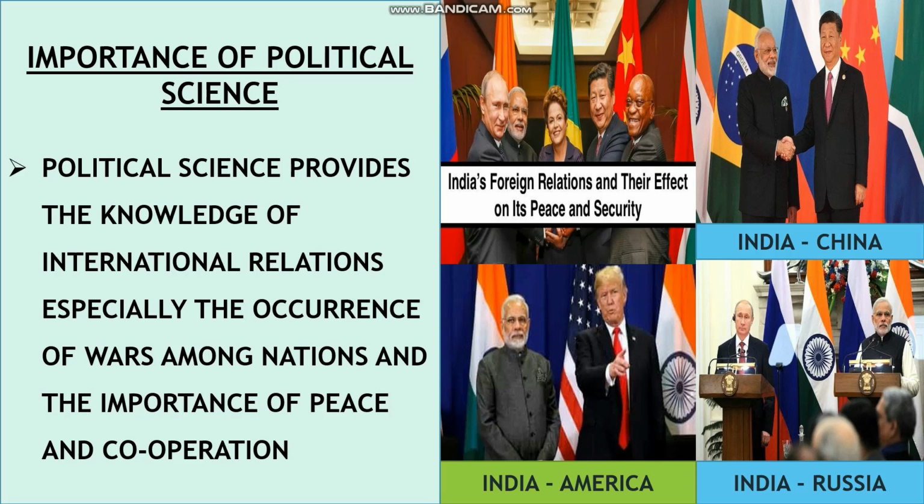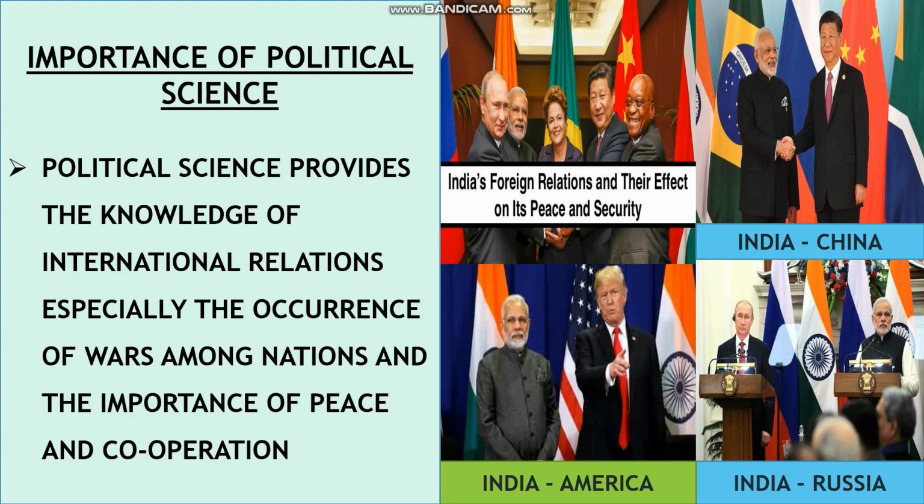You can see here the Prime Minister signing the Panchsheel Treaty in the first picture, and in the second picture the Indian Prime Minister and the Chinese President, and next the Indian Prime Minister and the American President, and next the Indian Prime Minister and the Russian President. I hope you all would have understood the definitions and importance of political science.